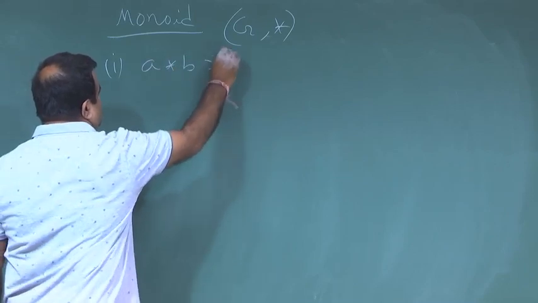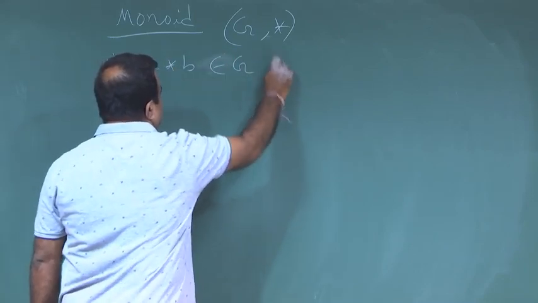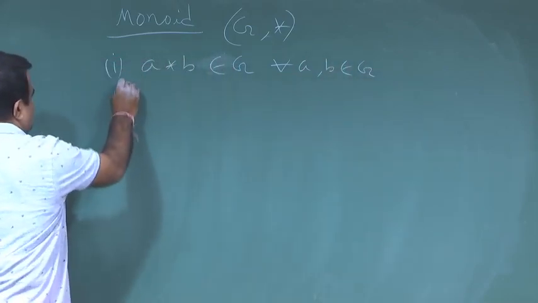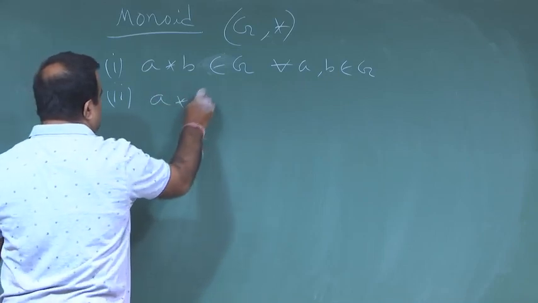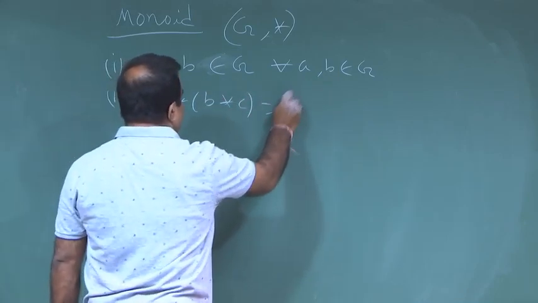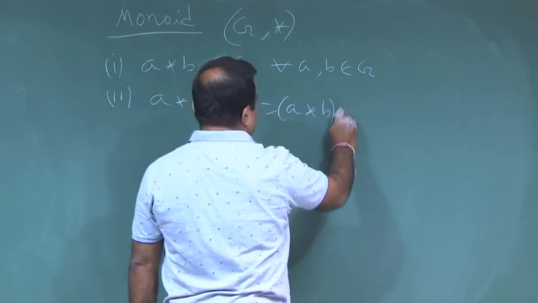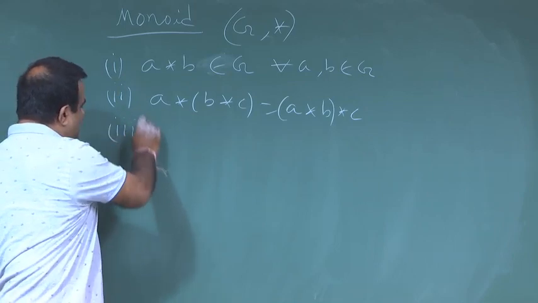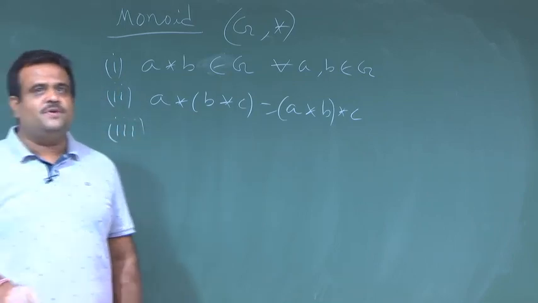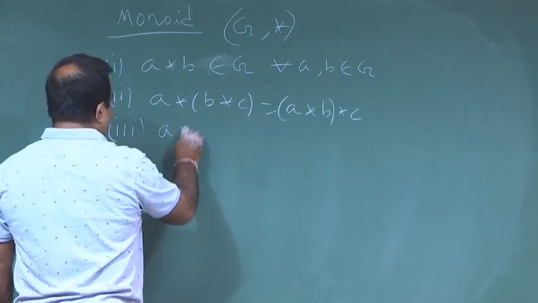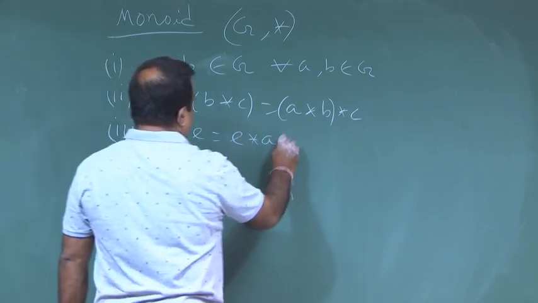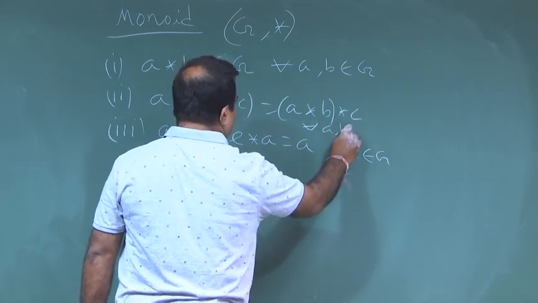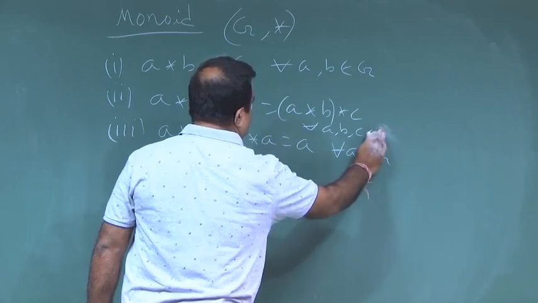So, that means A star B belongs to G for all A, B. So, closure property, and then the associativity. So, it is a semigroup also, and along with that, the existence of identity. So, if it has an identity element, then it is called a monoid. This is also for all A, B, C belonging to G.